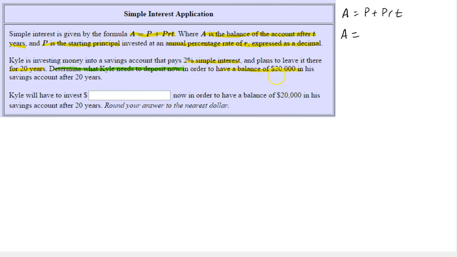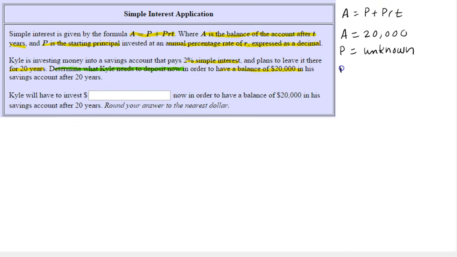So this is going to be that future amount we're looking for. So 20,000. Now the next letter is P, and P represents the starting principal. And remember, they asked us to determine what Kyle needs to deposit now, so that would be the starting principal. So P is actually our unknown. That's what we're trying to find.